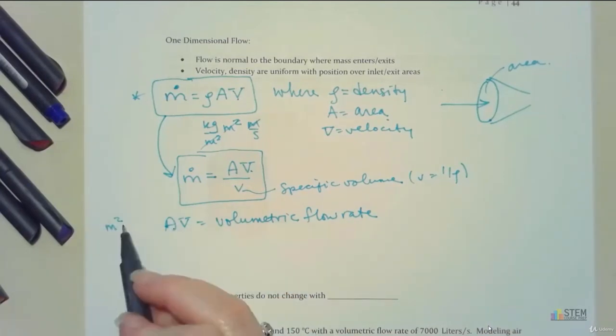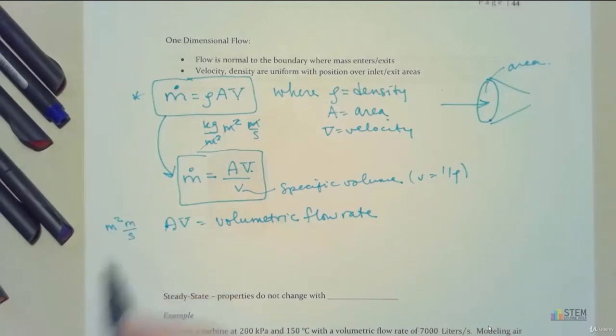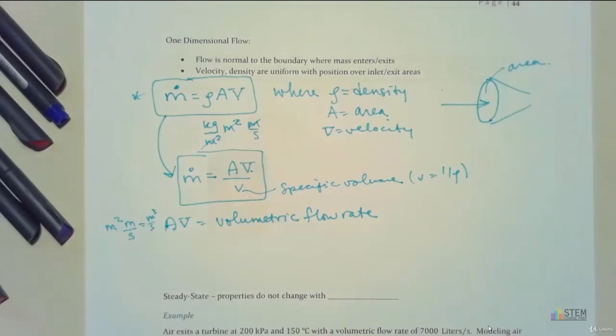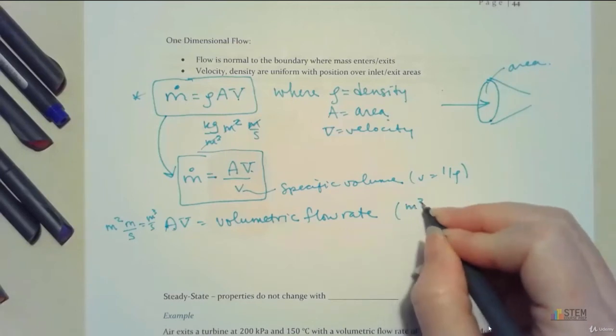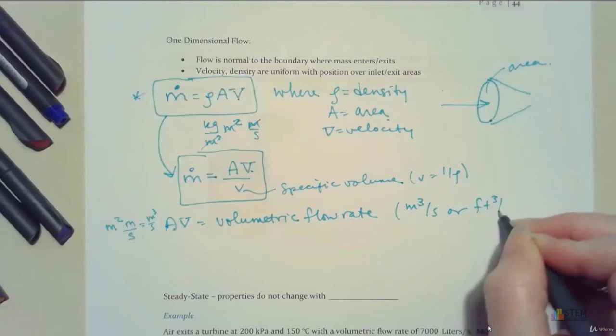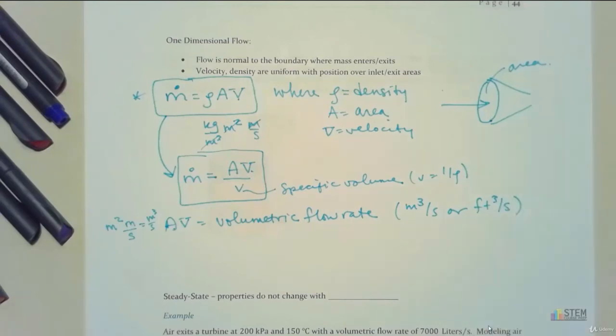If we've got V, which is velocity, we've got meters per second. Now if you put all this together, you get cubic meters per second. Cubic meters is units of volume. So we say we have a volumetric flow rate. So our units will have cubic meters per second, or if you're in the English system, cubic feet per second. So this just tells you how much volume you have flowing per second in your system.